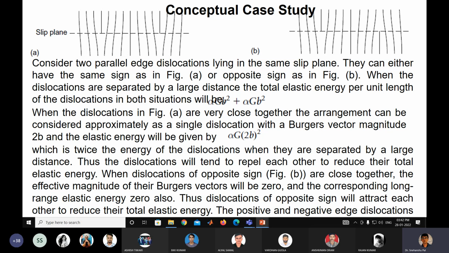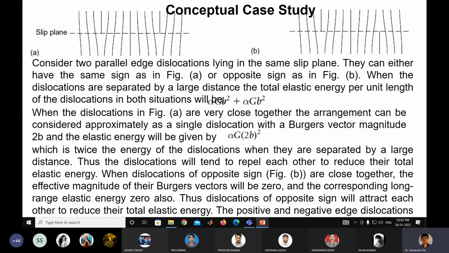In case B it is just the opposite: one dislocation has the extra line of atoms on one side of the slip plane, and the other on the other side. They are the same distance apart from each other in both cases, the distance between the two dislocations is the same. Just the two dislocations are opposite, and both are edge dislocations.